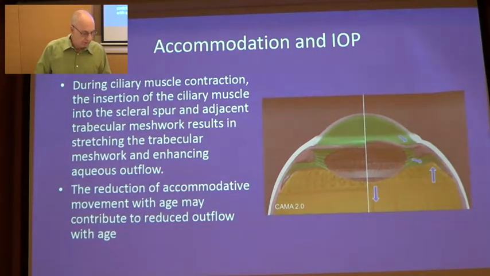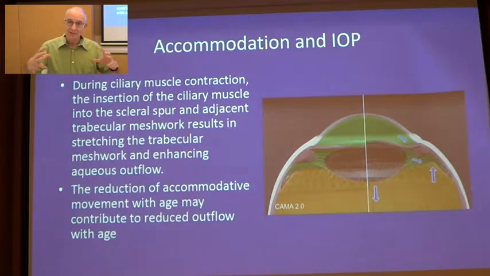In the posterior aqueous space, the iris moves posteriorly, which pushes the aqueous in the posterior chamber posteriorly, where the added volume of fluid helps the lens round up and the anterior hyaloid to move posteriorly.